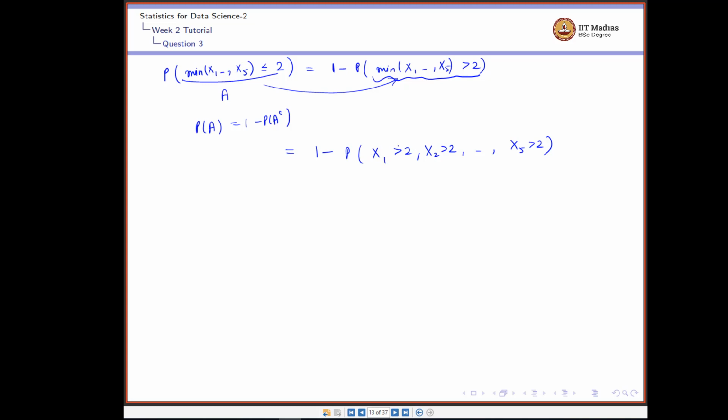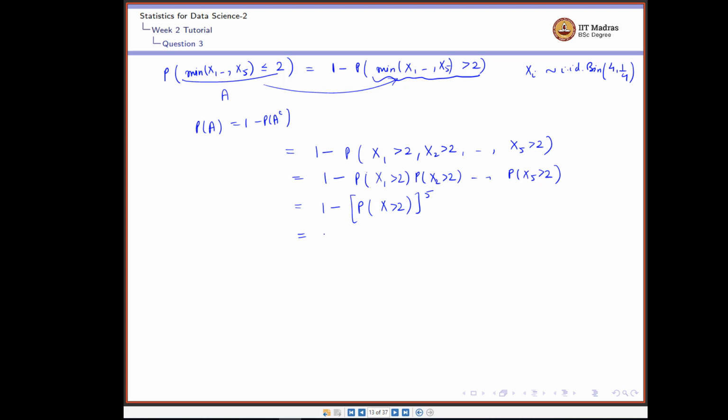Since the Xi's are IID Binomial(4, 1/4), and these are independent, we can write probability X1 greater than 2, times probability X2 greater than 2, up to probability X5 greater than 2. Since each of these Xi's is IID binomial, we can write 1 minus the probability that X is greater than 2, to the power 5.